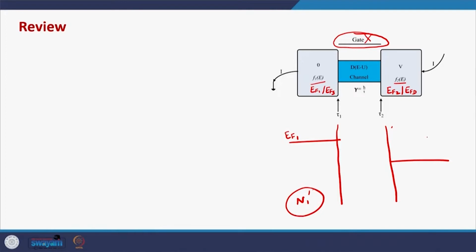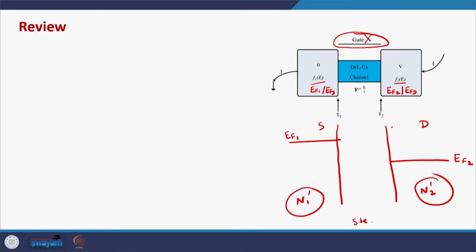Similarly, on the drain side, when the channel is in equilibrium with the drain contact, n2 prime electrons will be there in the channel. In steady state, when both the contacts are connected, the channel is not in equilibrium with any of the contacts, and it is the steady state. There is a flow of electrons, and the flow very quickly becomes constant, and that is known as the steady state.